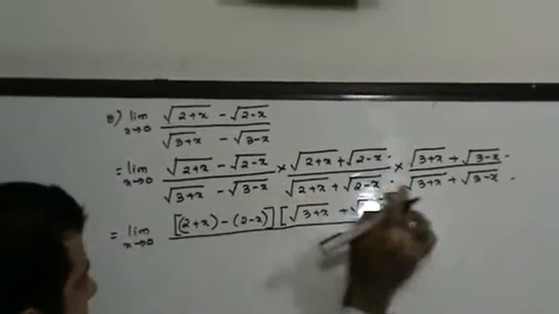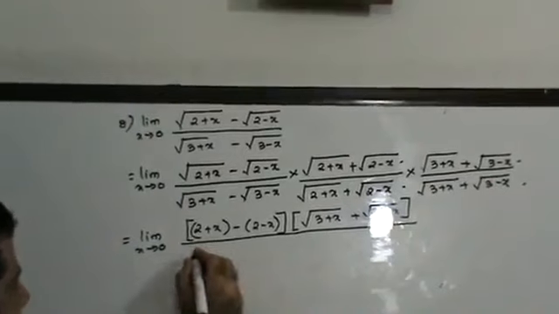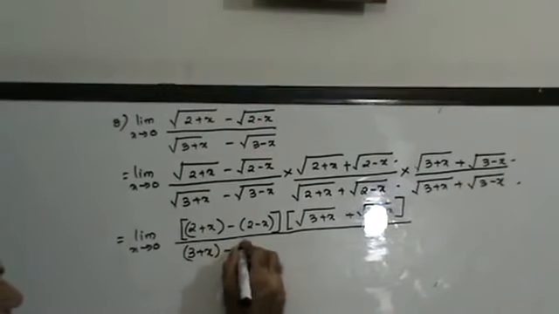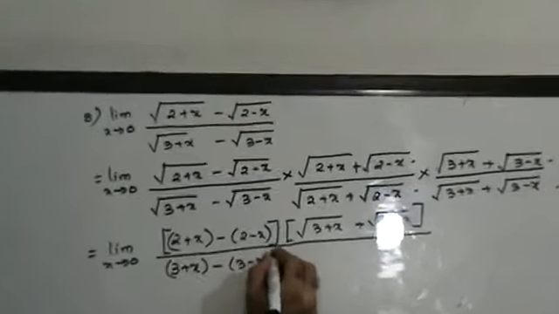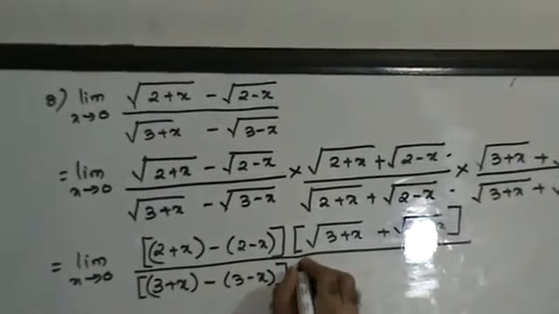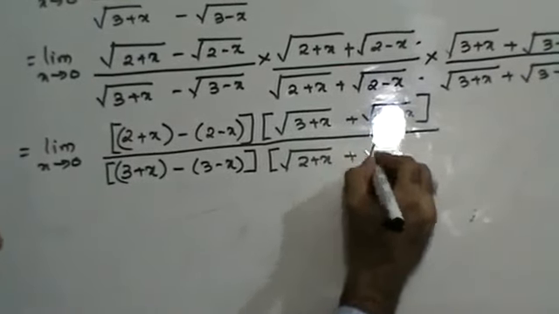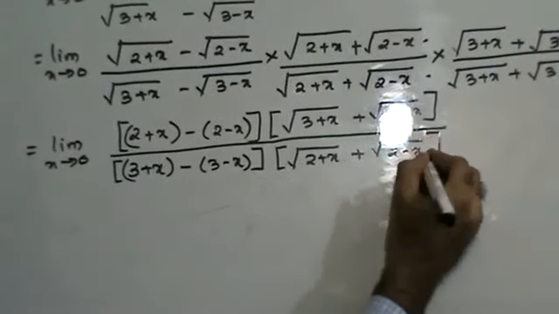a minus b, a plus b. So this is going to be a square minus b square. The remaining denominator as it is, root of 2 plus x plus root of 2 minus x.